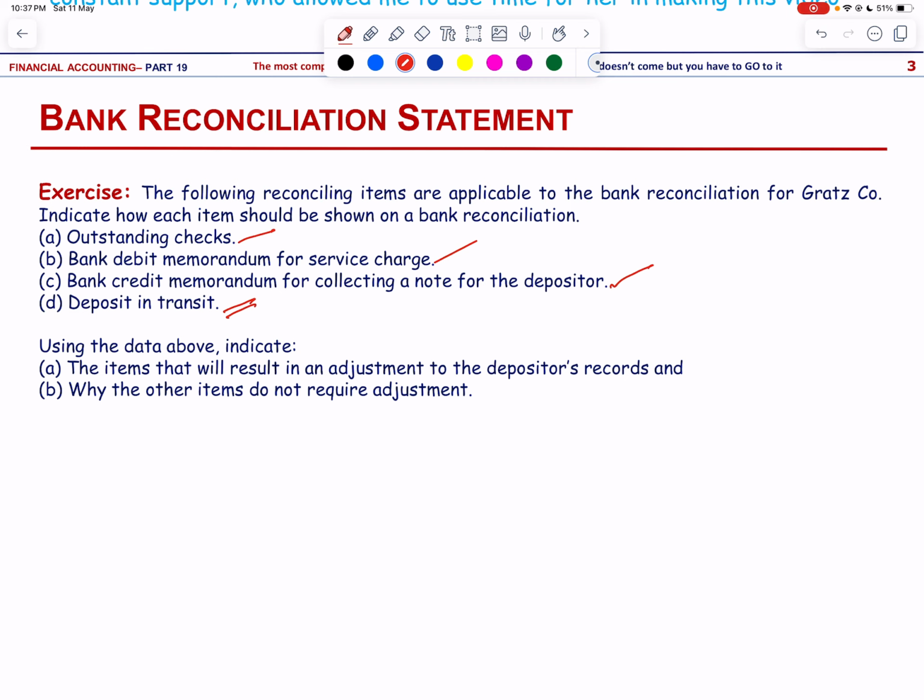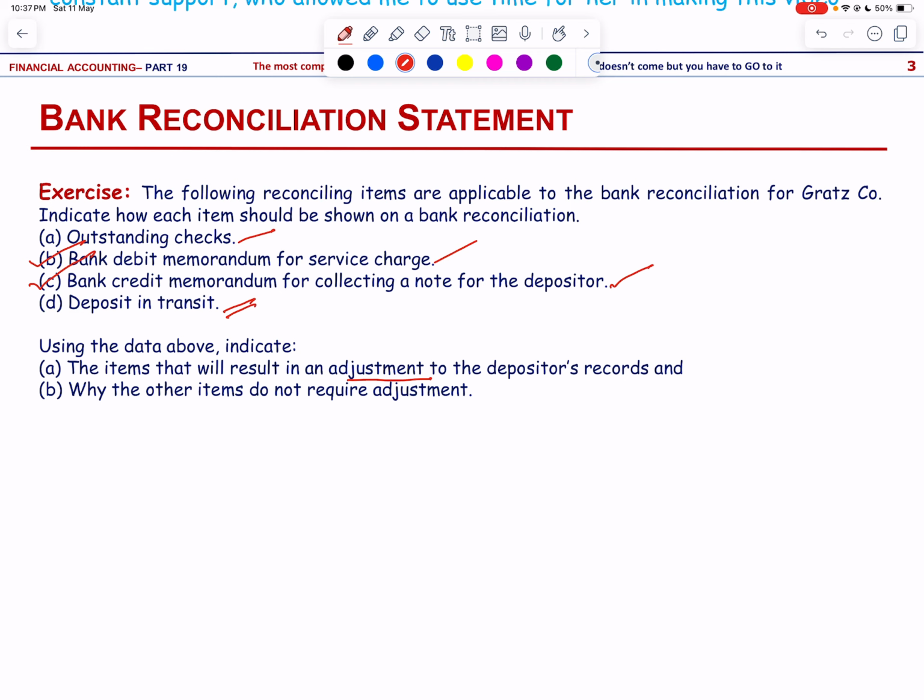Now using the data above, indicate the items that will result in an adjustment to the depositor's record. If you look into the first one, the reconciling items as per the books, that is item number B and item number C, will require adjustments on the books of the depositor.